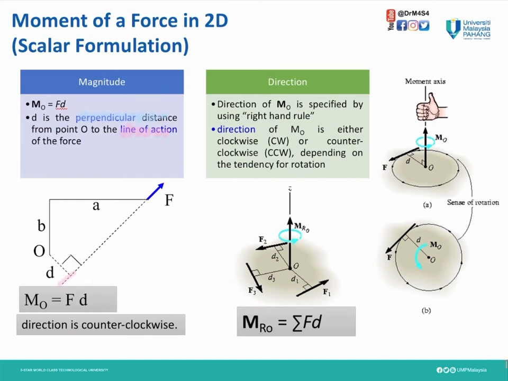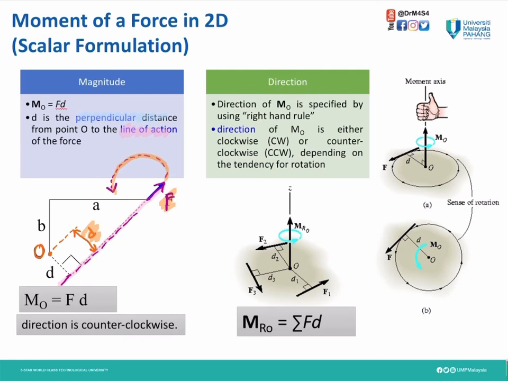So this is the line of action, this is our force F, and this is the point of interest, point O. The perpendicular distance from point O is D. So the moment at O is F times D. The direction of F about O is anti-clockwise, so the direction for that moment is counterclockwise, also known as anti-clockwise.